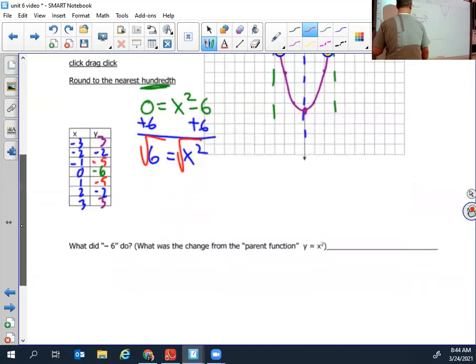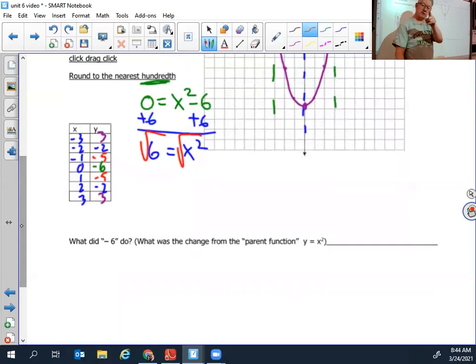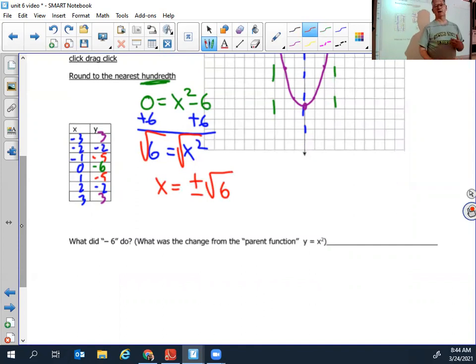Here's something super, super important when you do this. When you take a square root, there are 2 answers, a positive and a negative. You need to remember that. So my exact answer for this one is x equals plus or minus the square root of 6. And if you put that in your calculator and round it to the nearest hundredth, that would be a good answer. But I want to show you how to do that in your calculator.